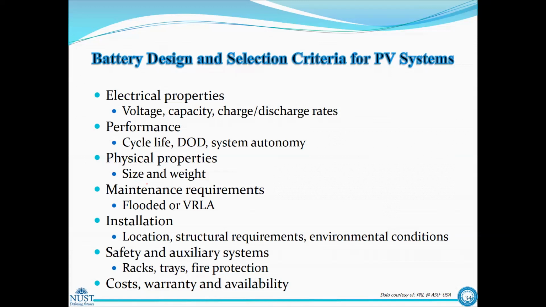Other parameters include size and weight, maintenance requirements, installation related to location, structural requirements, environmental conditions, and then safety, auxiliary systems. And finally, of course, warranty and availability of type of batteries is also important along with the cost.